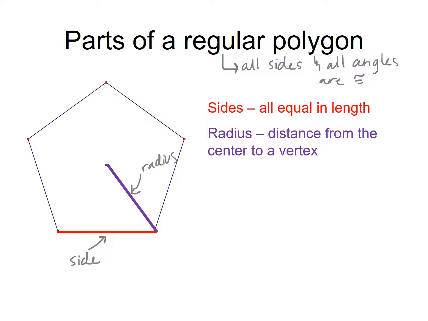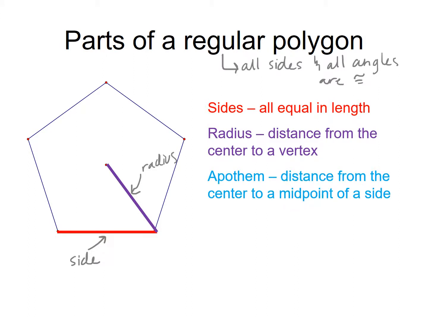And lastly, a word that we might not be as familiar with is called the apothem. The apothem is the distance from the center to a midpoint of a side. So that's going to be the blue line that pops up on your screen. This is what we call the apothem, okay? And when we get to talking about this stuff, all of these are going to be very important when I try to find the area of these regular polygons.